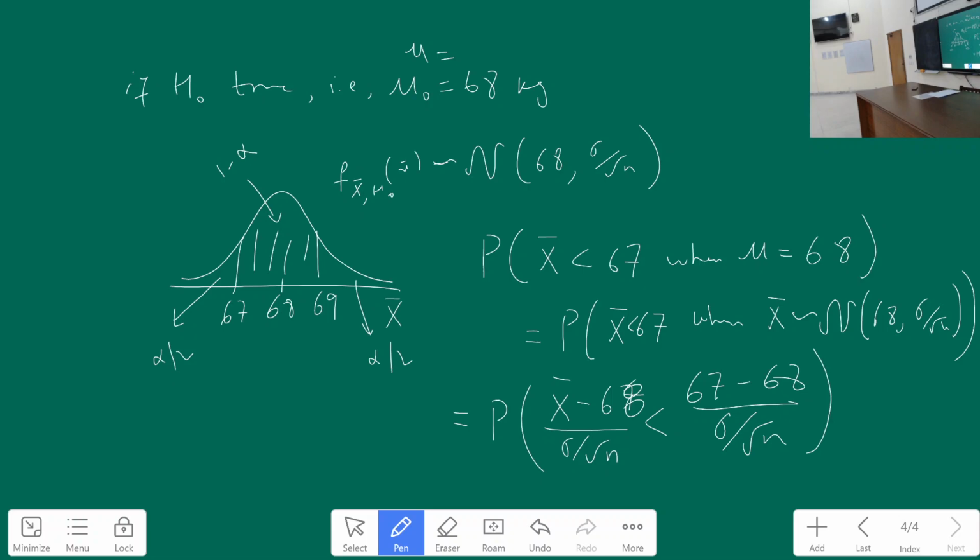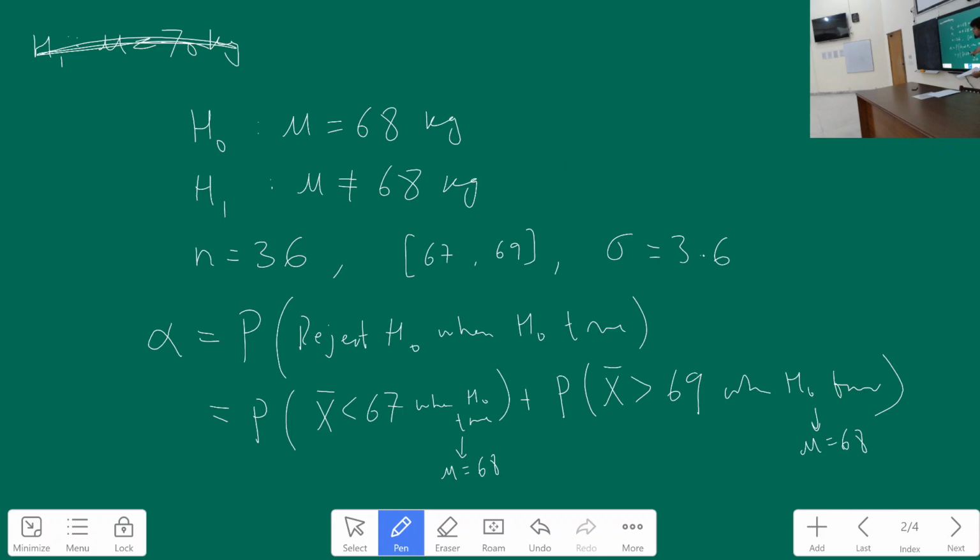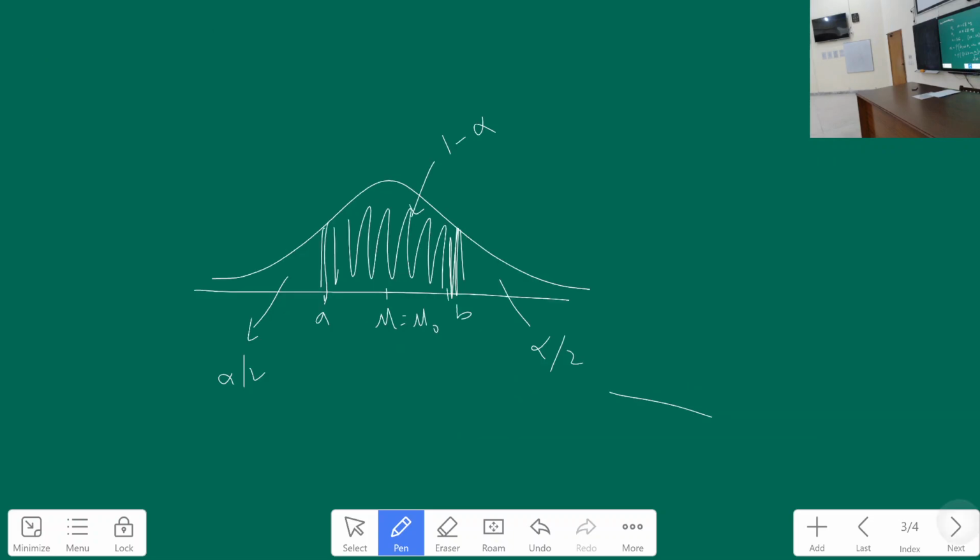Wait, something is wrong here; it should be X bar minus 68, the true mean. So we are slowly rewriting it in terms that we understand. Where does this term come from? This is the first term here. I'm just calculating the first part. We know it's symmetric, so the other will have the same value. So let's look at that one.